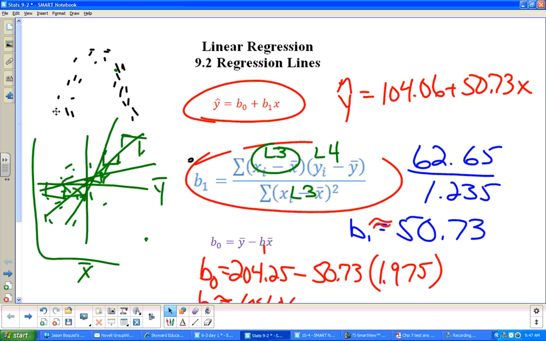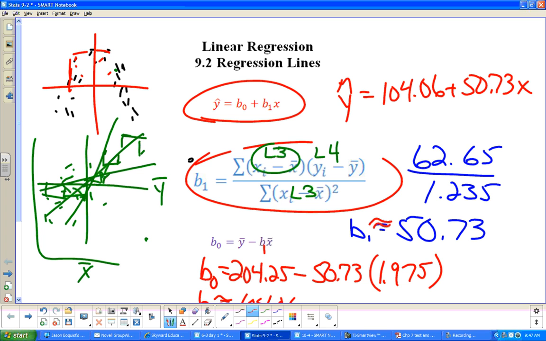What would you say your correlation coefficient would be, approximately, for that one? Yeah, it would probably go positive, just based on what I see. It would still put the best fit line through x bar and y bar, because it's going to minimize all of this extra stuff.